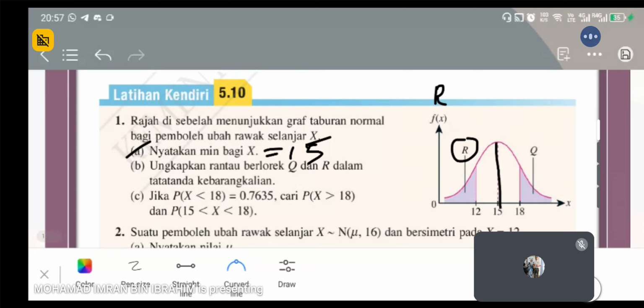Hopefully you guys know. We take this R as our region. For this R, we know the probability of this, it approaches, X is less than 12.